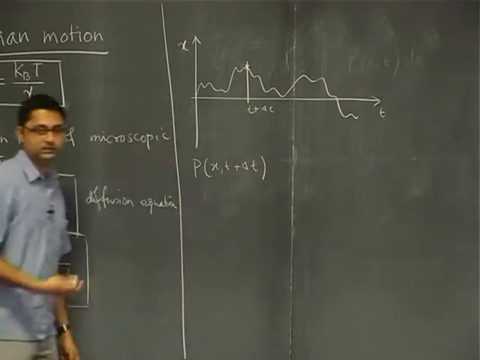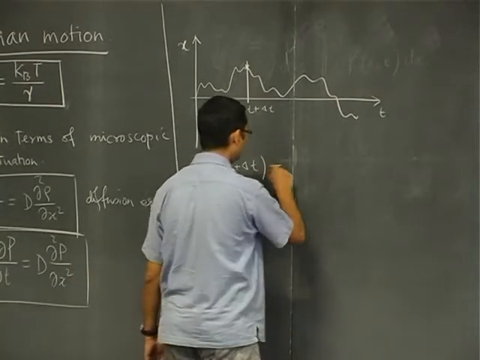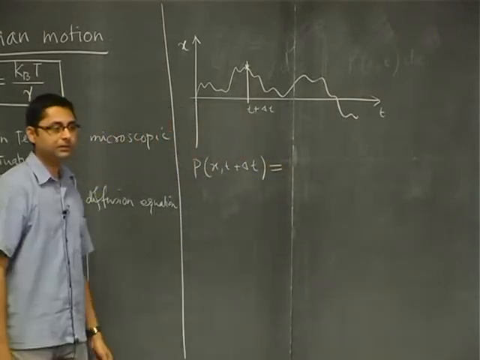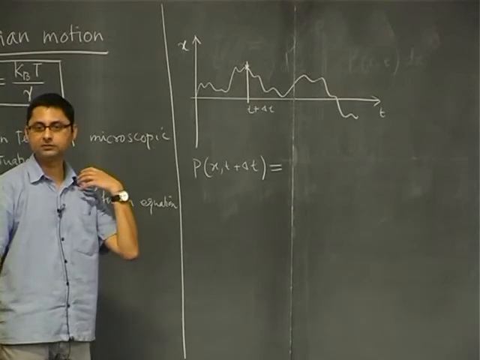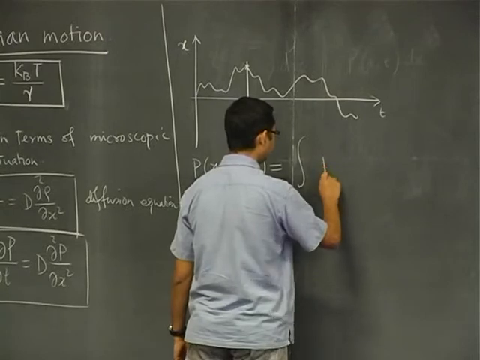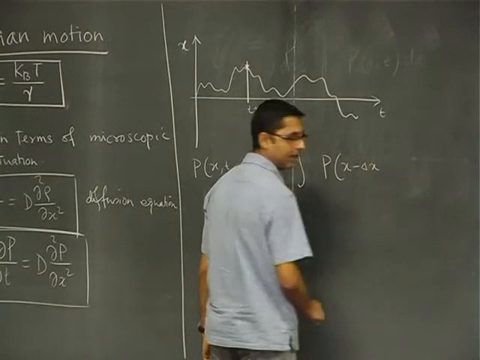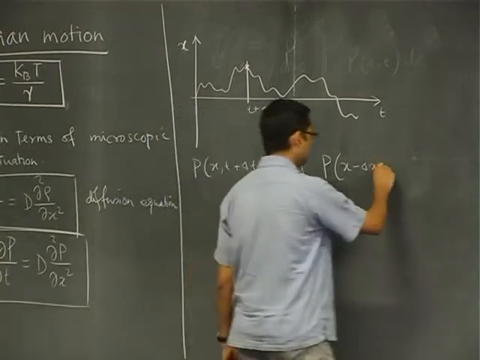It is exactly the same derivation as yesterday. This particle must have come from a neighbor, so it must have been somewhere before. This is the same as the probability that the particle was at position x minus delta x at time t.